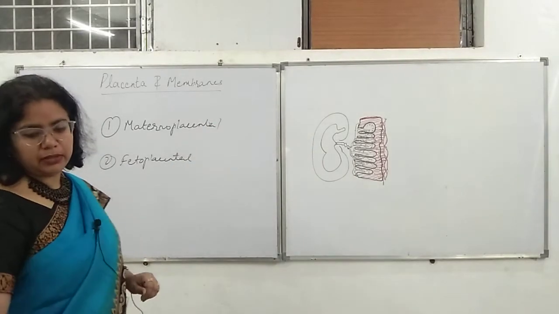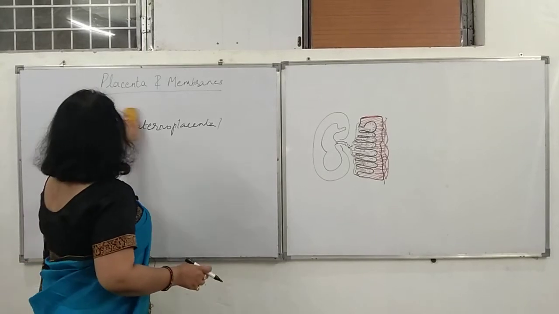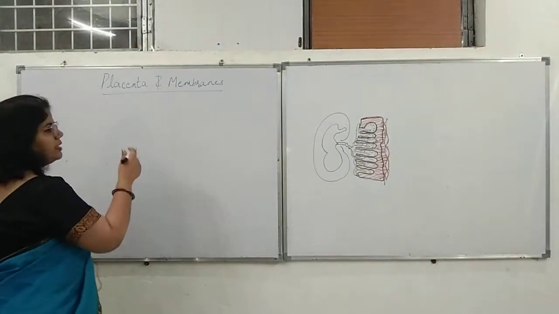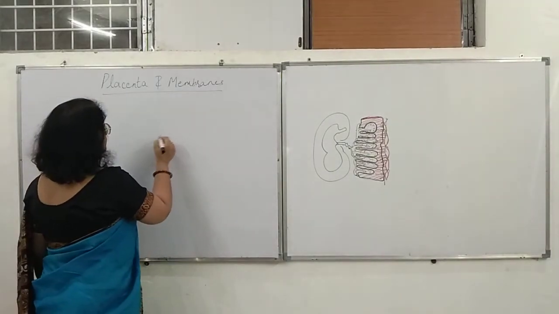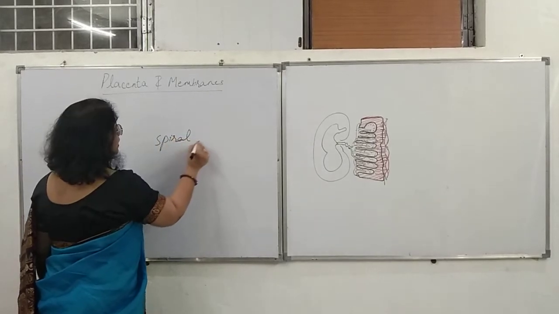First we will study the materno-placental or uteroplacental circulation. The blood coming from the uterine and ovarian arteries divides into radial and then spiral arteries.